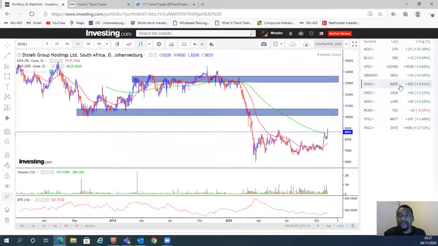And for those Impala shareholders, yesterday we received a communication from EasyEquities about the odd lot. For us, our latest buy on Impala was around 180-something rand per share, and the odd lot offer is around 172 or 177. I don't remember the exact number.